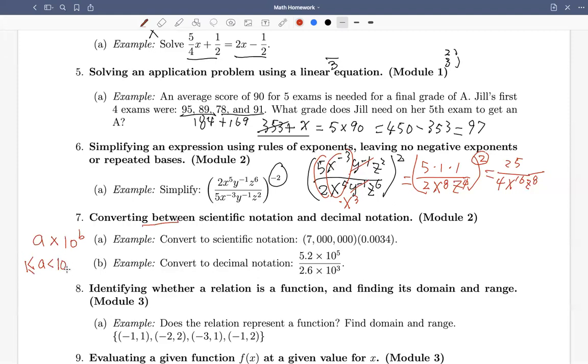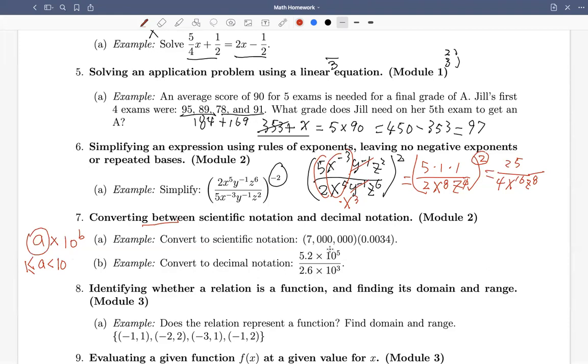Okay, it cannot go over 10. It has to be less than 10, but it could be 1 or greater than 1. b can be any number. b can be negative, b can be positive. So a is crucial, okay? a is from 1 to 10, not including 10.